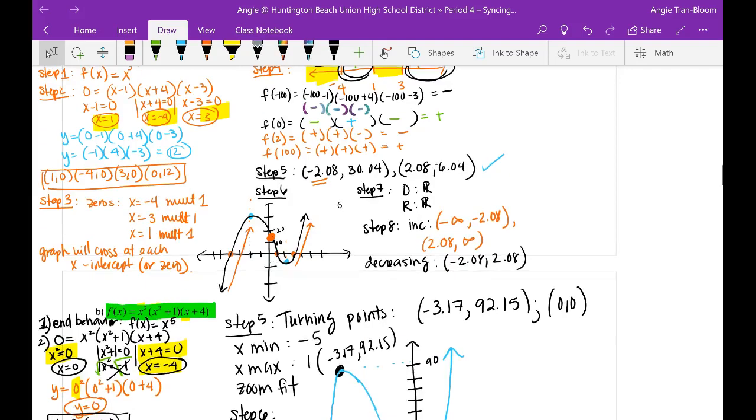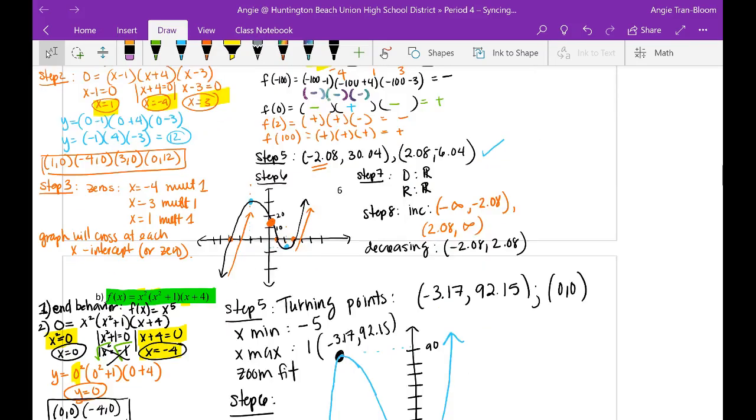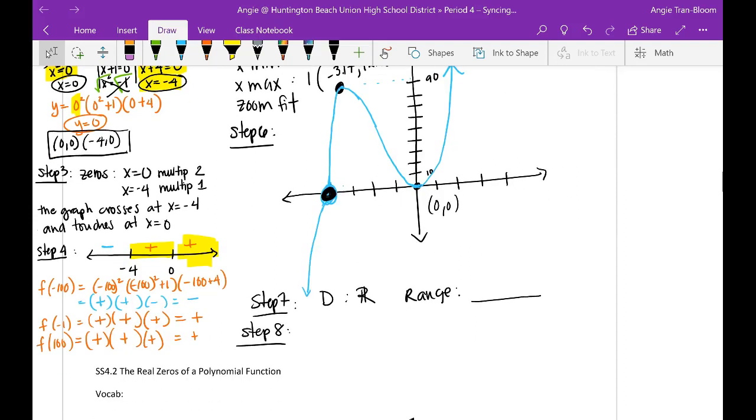Step 8, what is step 8 asking? Step 8 is going to ask, determine whether the function is increasing and decreasing. Okay, so increasing. So when is it increasing? It starts down here and then it stops right there, right? So it's going to be from negative infinity to that x value, which is negative 3.17.